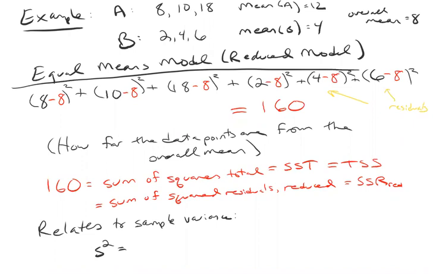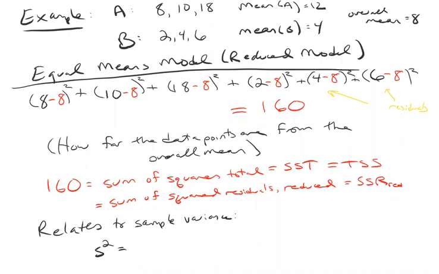Let me say that more carefully: the observed variance of a bunch of data points is your best guess at the variance of the population those data points were drawn from. So S squared is calculated by taking each data point, seeing how far it is from the overall mean, squaring those values, adding them up, and dividing by how many they are, minus 1.